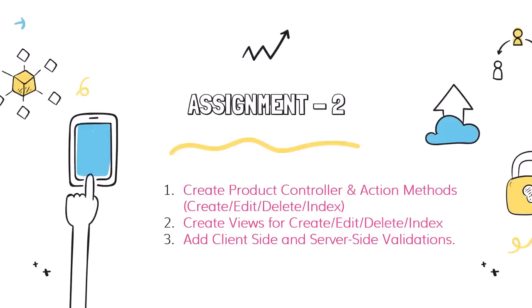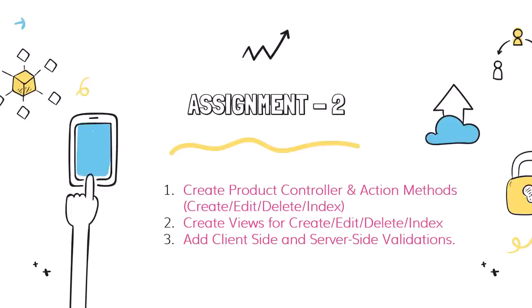It is time for the second assignment, where you have to create product controller and action methods for the CRUD functionality. After you create the controller and action methods, then you will have to create view for all the CRUD operations and add client-side and server-side validation.